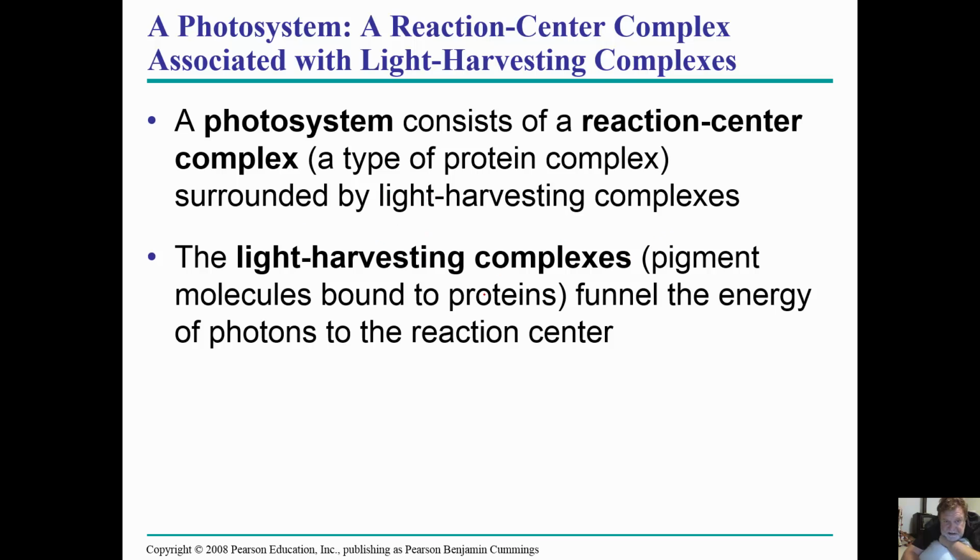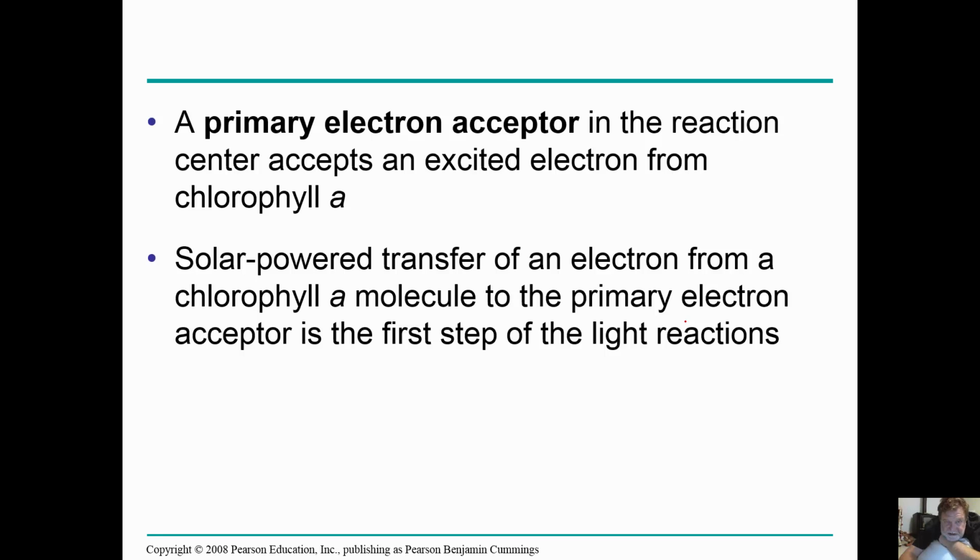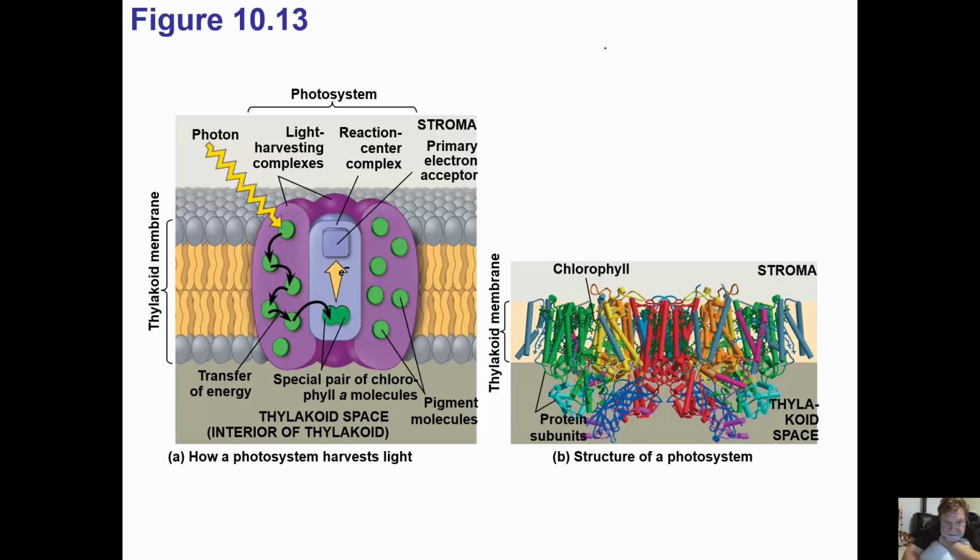Okay. Again, a photosystem consists of a reaction center complex, a type of protein complex, surrounded by light-harvesting complexes. The light-harvesting complexes funnel the energy of the photons into the reaction center. The primary electron acceptor in the reaction center accepts an excited electron from chlorophyll A. The transfer of an electron from a chlorophyll molecule to the primary electron acceptor, powered by solar energy, is the first step in the light reactions.